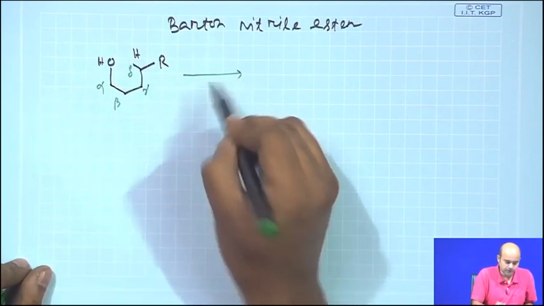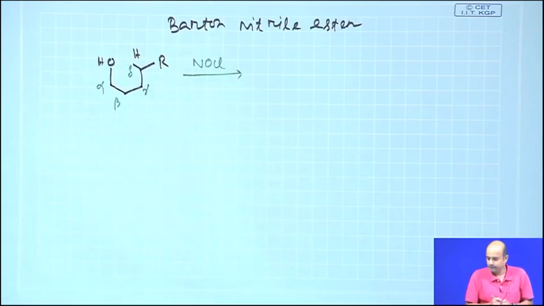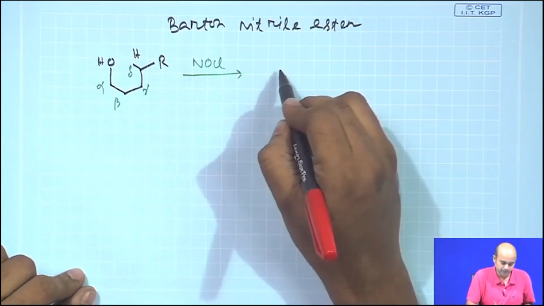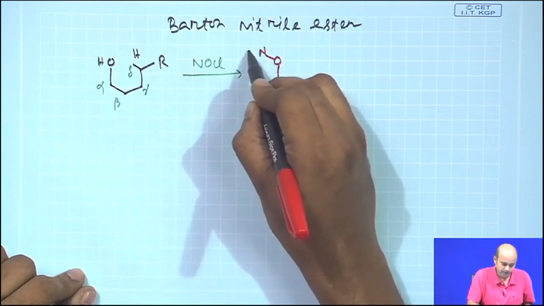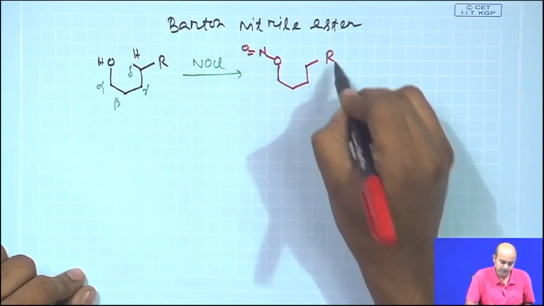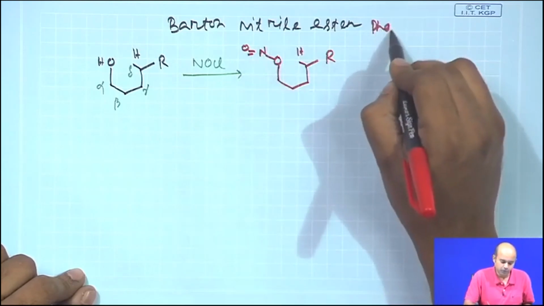Initially, if you have this kind of alcohol, you react with NOCl, nitrosyl chloride. Nitrosyl chloride will react with this alcohol to give you a nitrite ester. That is why it is called Barton nitrite ester photolysis.